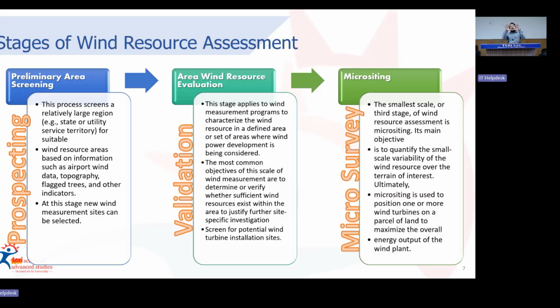So we will create a layout through software to see how the quantified measurements we made during the validation process translate into actual power generation when a layout of wind turbines is developed.